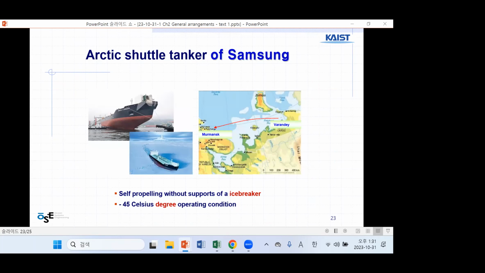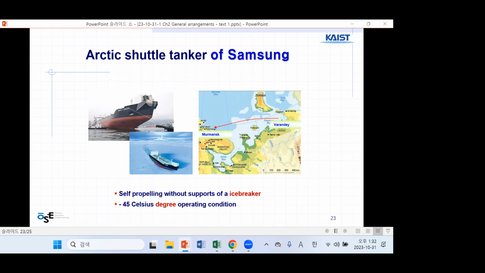And this is a picture of an Arctic shuttle tanker. It has a bow, and the front part of the ship is very strange because they want to ride above the ice and then hit down to break ice of say 1 meter thickness by pushing, going up, and then the weight of the ship can make the ice break.